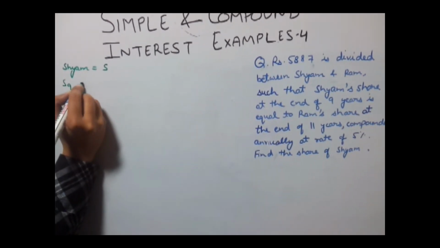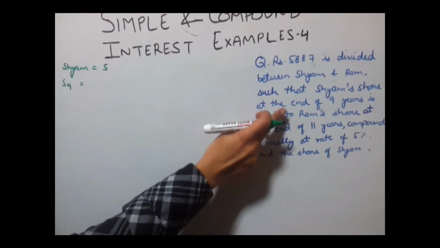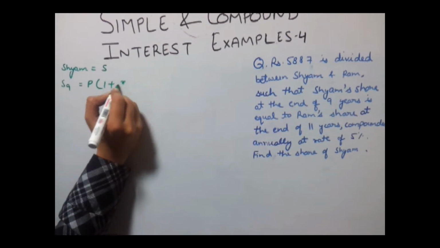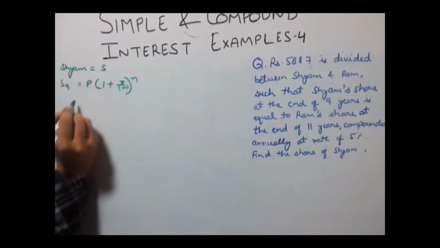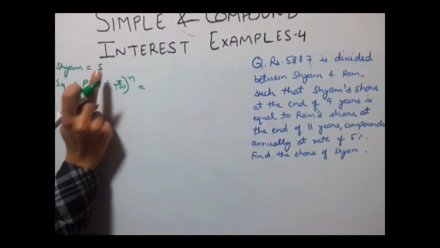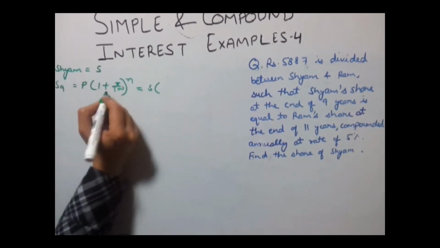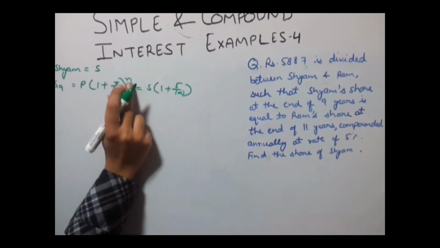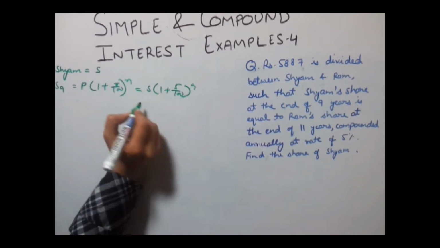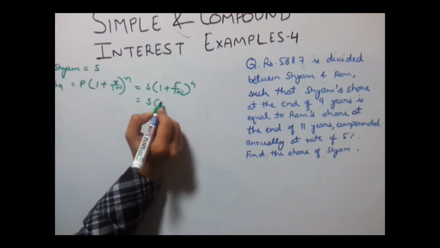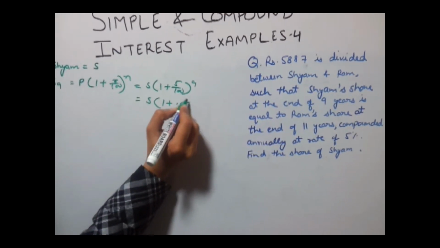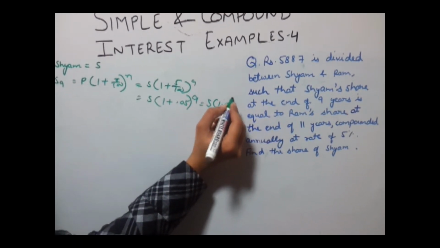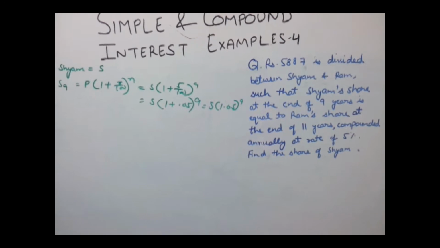So S9 will be equal to what Shyam will get at the end of 9 years, which will be P into 1 plus R by 100 to the power N. P over here is the principal, the initial share, S. 1 plus R by 100 is 1 plus 5 by 100. N is 9 years, which gives us S into 1 plus 0.05 to the power 9, or say S into 1.05 to the power 9.